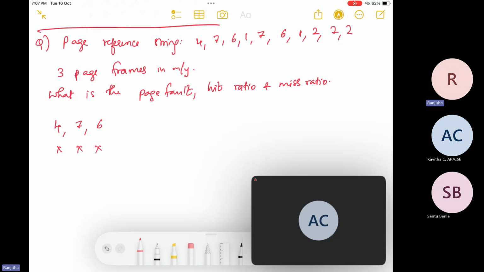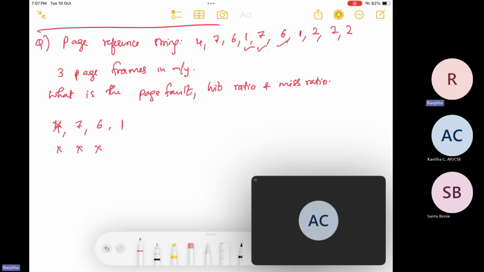But since we have three free frames, there will not be replacement, but this is still a page fault. Now when 1 comes, a page fault will occur, 4 will be replaced and 1 will be brought in. Now when 7 comes, it is a hit. Because the page is already present, there is no page fault.